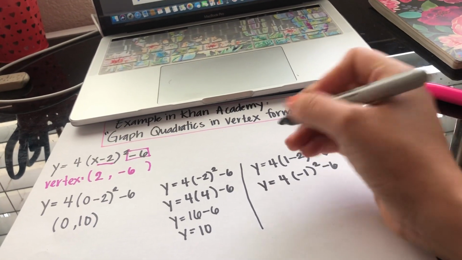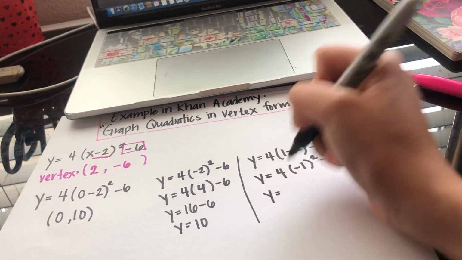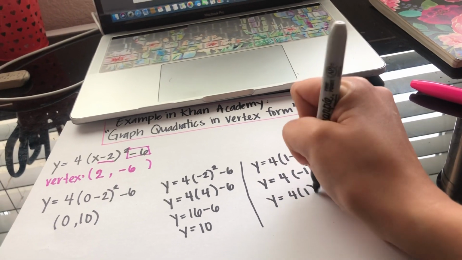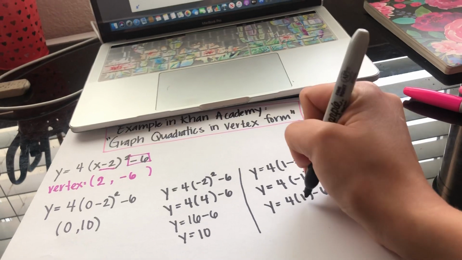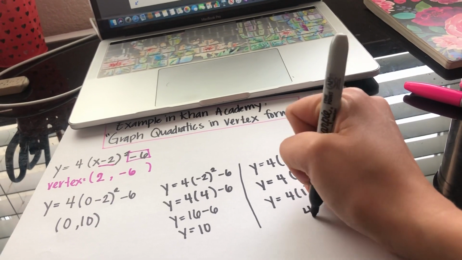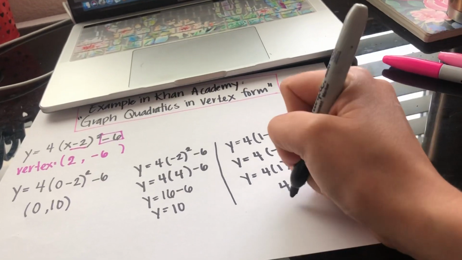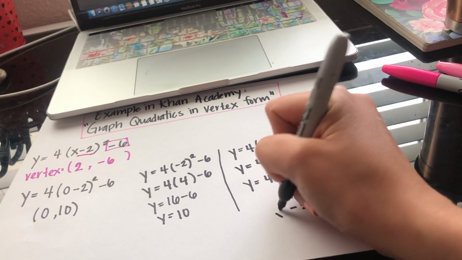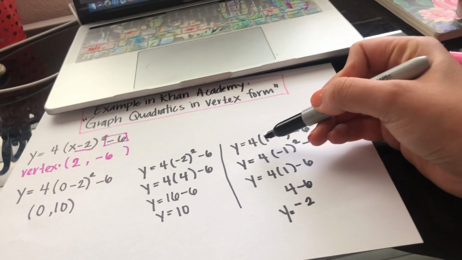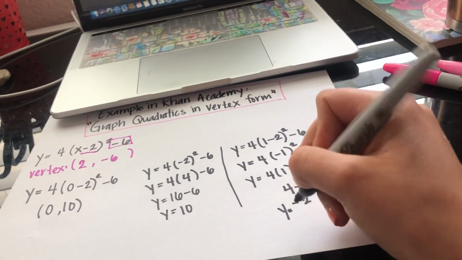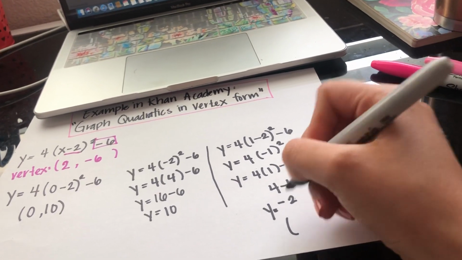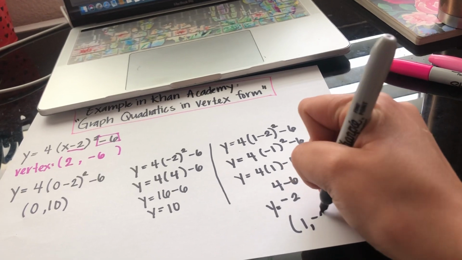And -1 squared is +1. And 1 times 4 is 4. And 4 minus 6 is -2. So when x equals 1, y equals -2. That means that my point would be 1, -2.